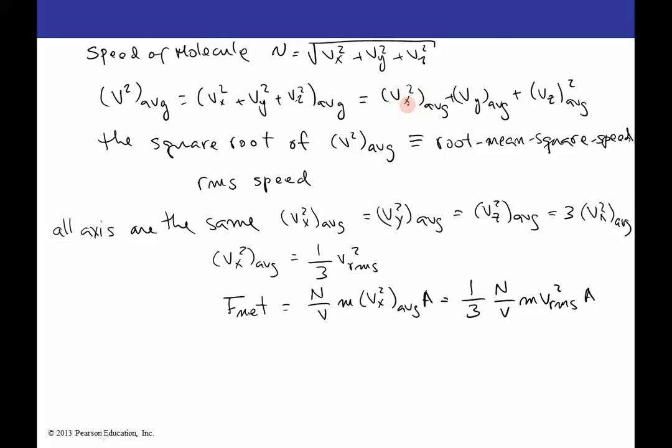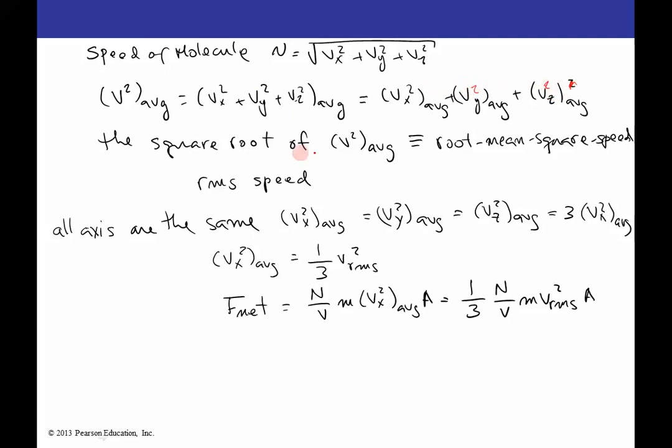But because these are independent quantities, I mean, there's nothing special about one coordinate axis, then we can basically break the average here. So this average sum is equal to the sum of the average squares.